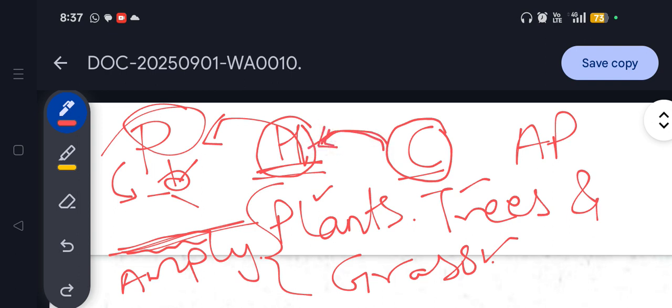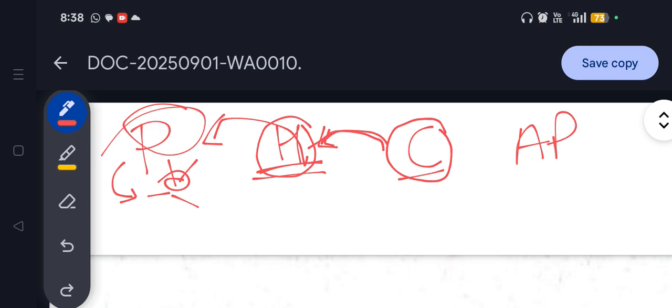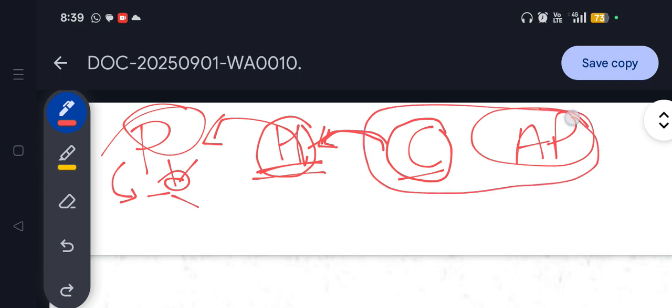And along with this, now we will be focusing on the apex predators. These apex predators are also carnivorous, but they depend for food on the carnivorous animals, as well as on the herbivorous animals.